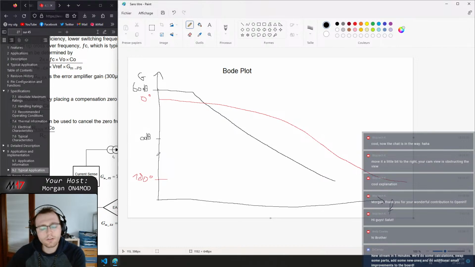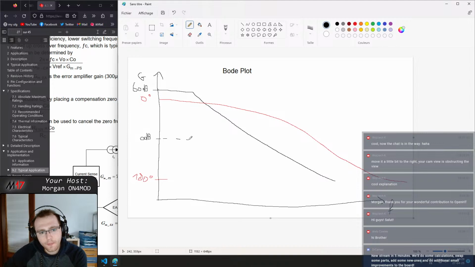So if the switching frequency is 400 kilohertz, you will not be able to fix an error which is at higher than 400 kilohertz. So what do we want?